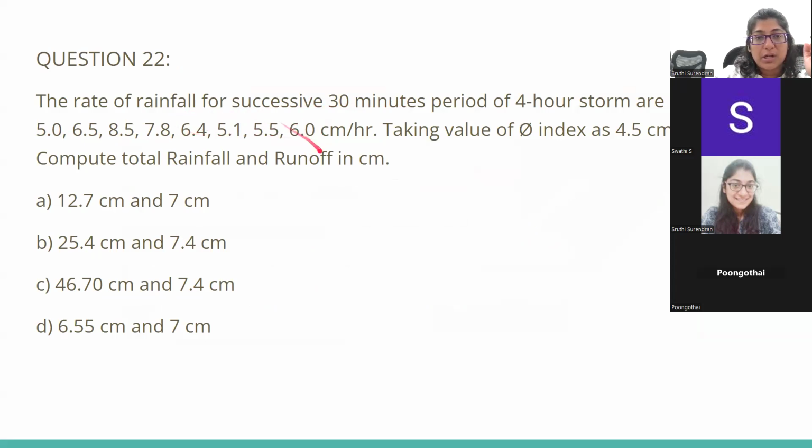So the total duration is 30 into 8, which is 4 hours. The phi index is also given, and you need to find the rainfall and the runoff here. Please do this problem. It will be very helpful for understanding how phi index and W index problems are done. Go ahead, do it and post your answers here.